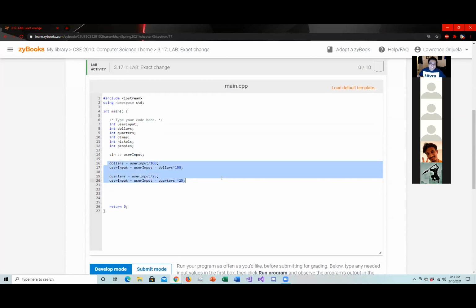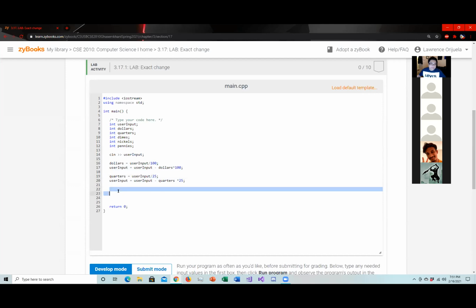So we would just continue this trend. We put 100 for dollars, 25 for quarters. The next one is dimes, right? Dimes equals user input divided by 10. And now user input equals user input minus dimes times 10.